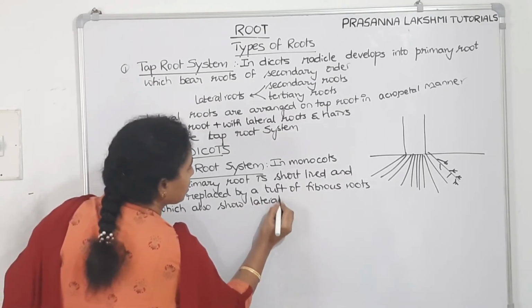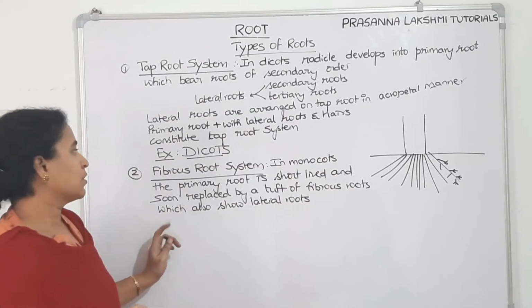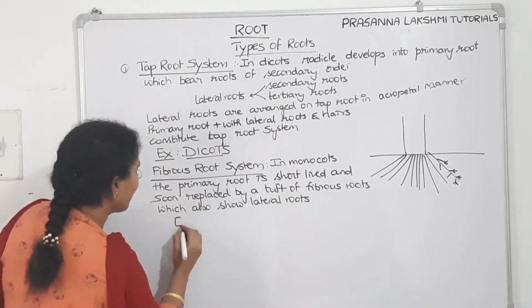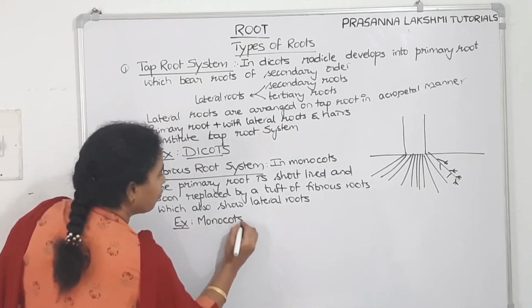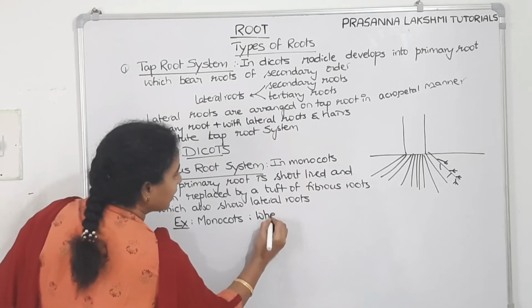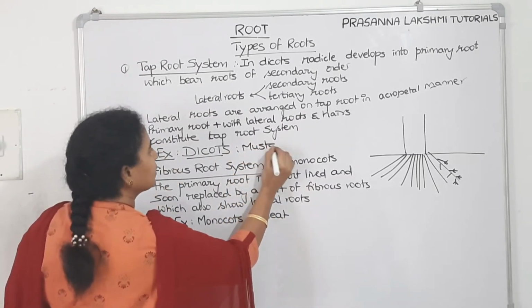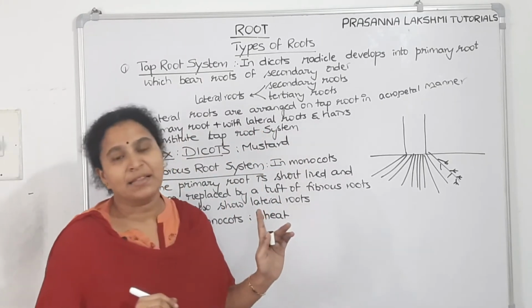So this is fibrous root system. And fibrous root system, where do we find? We find it in monocots. For the monocot example, they have given wheat in NCERT. For the dicot example, they have given mustard plant.